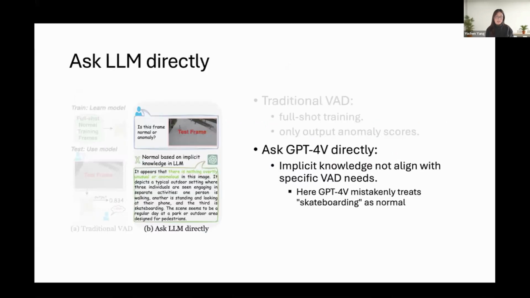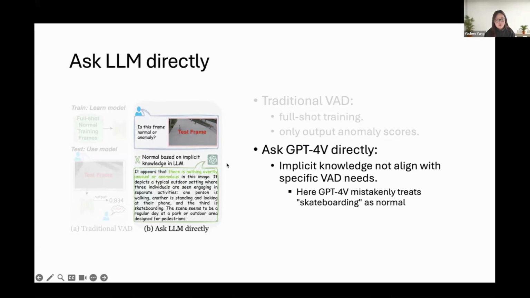So let's see what happens if we ask GPT-4V directly. For instance, here we feed a test frame which is ground-truth abnormal, and we ask GPT-4V, is this frame normal or anomaly?